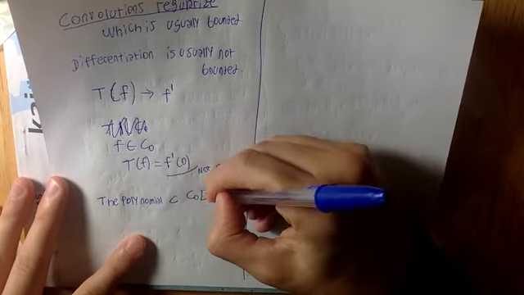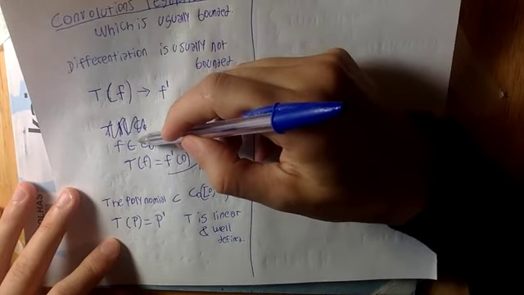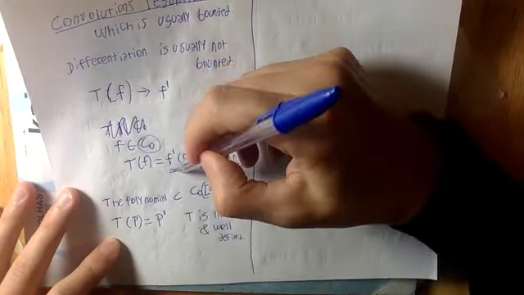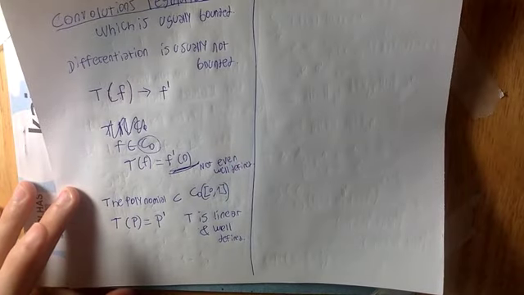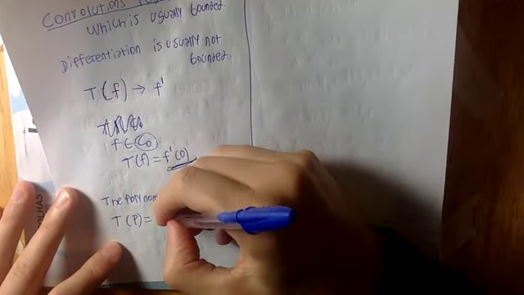Okay, so T is linear and well defined. This is of course because I'm doing it for polynomials. If I do it for continuous functions, this is not actually well defined. But if you do it for polynomials, you can always take the differential of the polynomial, and this still is a polynomial.